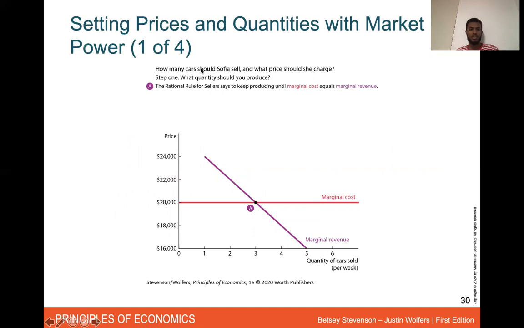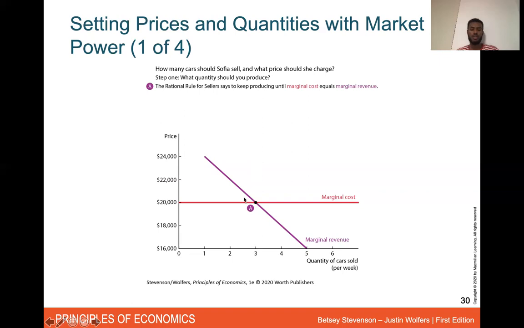How many cars should Sophia sell and what should she charge? Step one, what quantity should you produce? The rational rule for sellers says to keep producing until marginal cost equals marginal revenue. Her marginal cost is $20,000 per additional car. That's how much it costs her to sell an additional car. And this is her marginal revenue, how much she made for each additional car. When these two lines meet, that's where the rule tells her to stop selling.